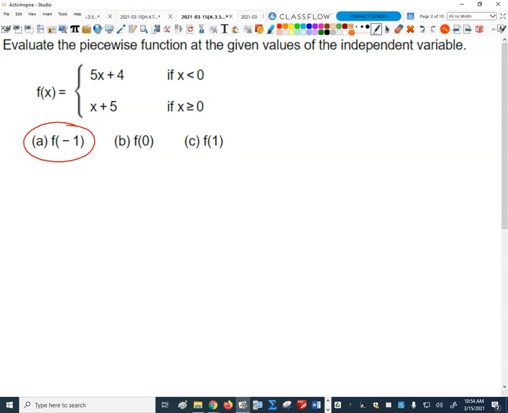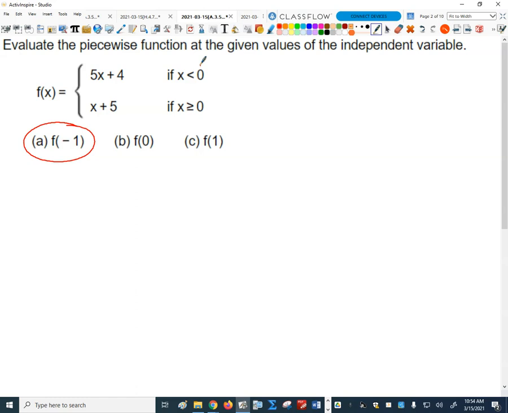So type in chat for me, give me a T or a B for top or bottom. Are we going to plug this -1 into the top piece or the bottom piece in this case? Okay, good. You're right. It goes in the top, doesn't it?